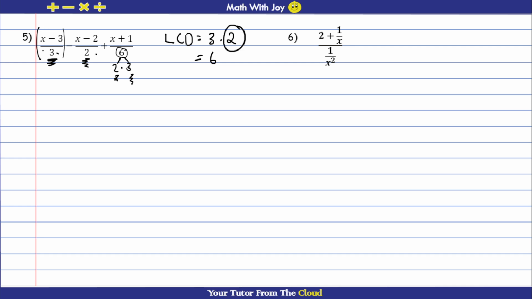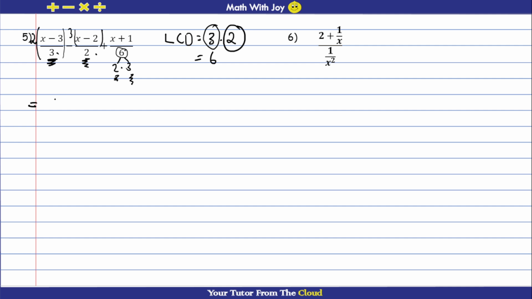So I know I need to do that for the 3 at the bottom, and I will focus on multiplying the top part by 2. Now for this second term, I want to multiply the 2 by 3 so that it becomes 6. So I'm going to multiply here at the top by 3. Then this is already 6, so I do nothing to its numerator.